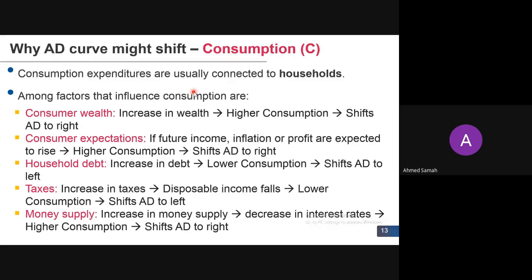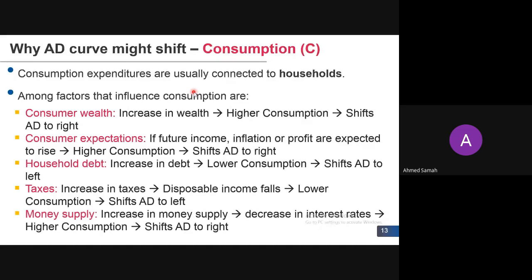Another factor is money supply. When the money supply in the economy increases, there will be a decrease in interest rates, because people will not be demanding that much borrowing. So banks will reduce interest rates.